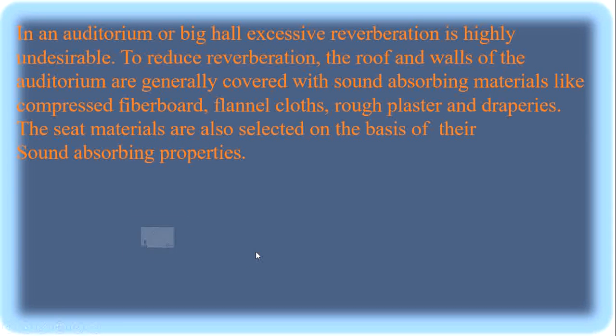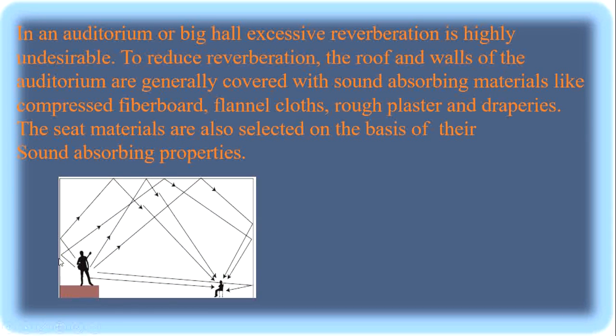In an auditorium or big hall, excessive reverberation is highly undesirable. Undesirable means unpleasant. So to reduce reverberation, the roof and walls of the auditorium are generally covered with sound absorbing materials like compressed fiberboard, flannel cloths, rough plaster and draperies.